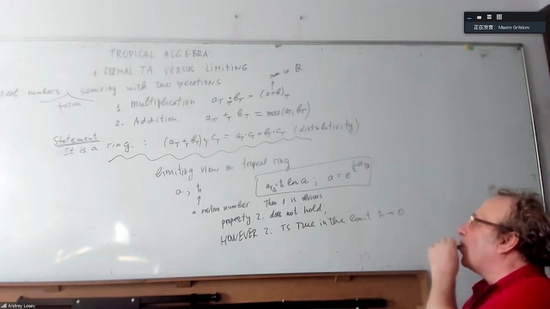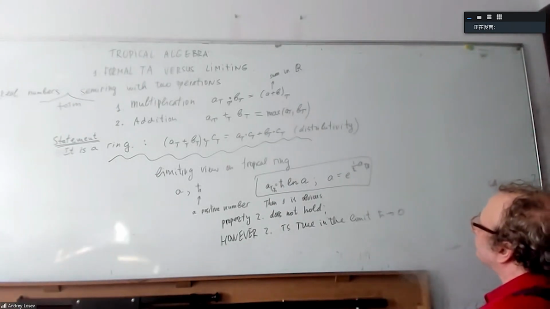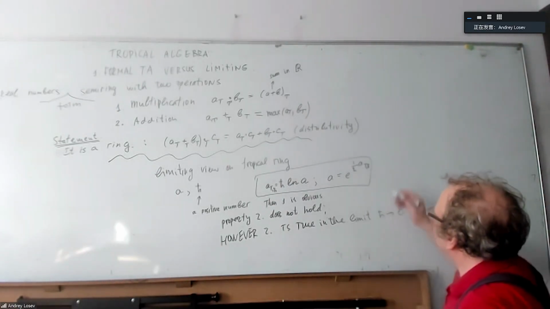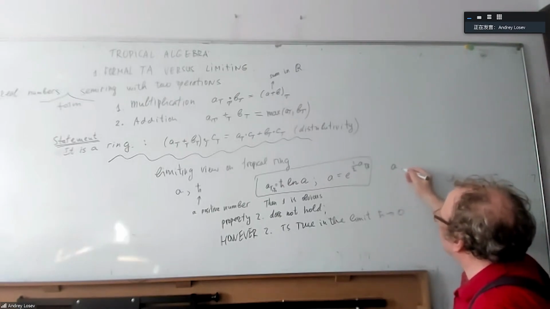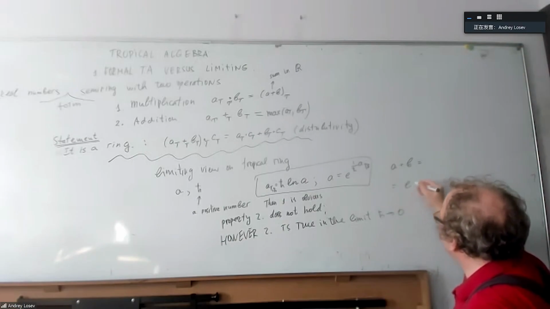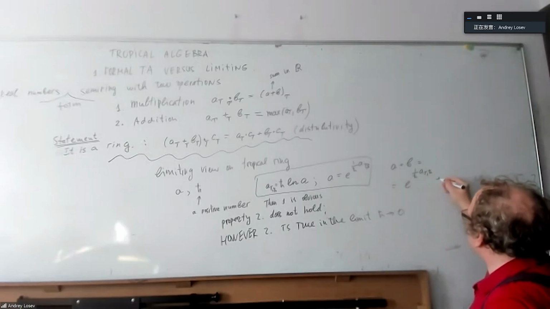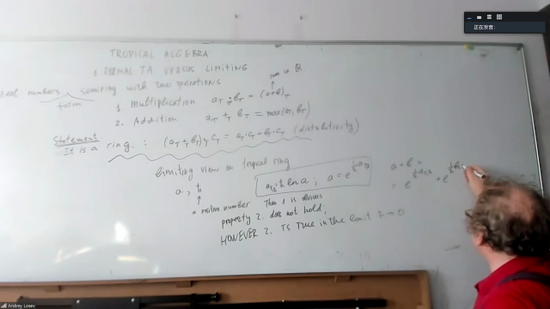Property 2, it's about addition. So if I take the addition of A plus B, it is e to the 1 over H A tropical plus e to the 1 over H B tropical.